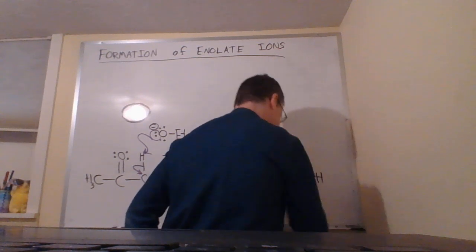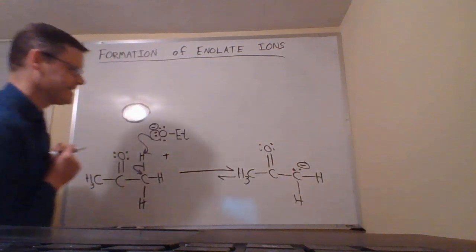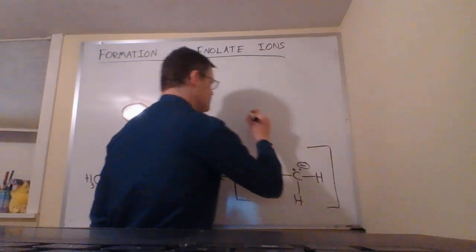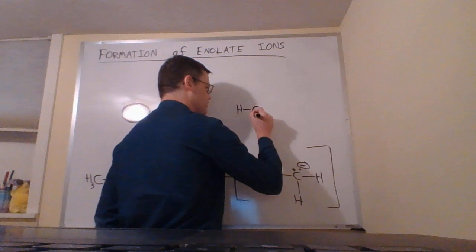We'll unveil it in a second here. There's the enolate ion, and remember that has two resonance forms, plus ethanol.